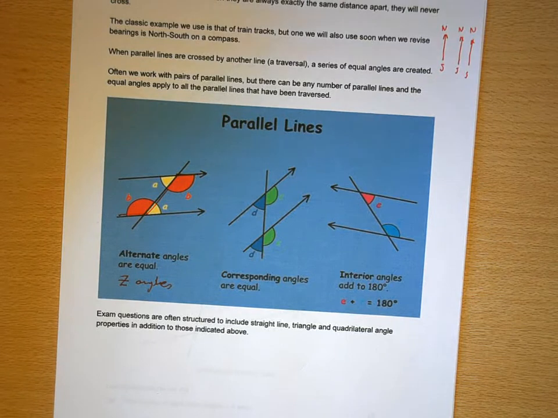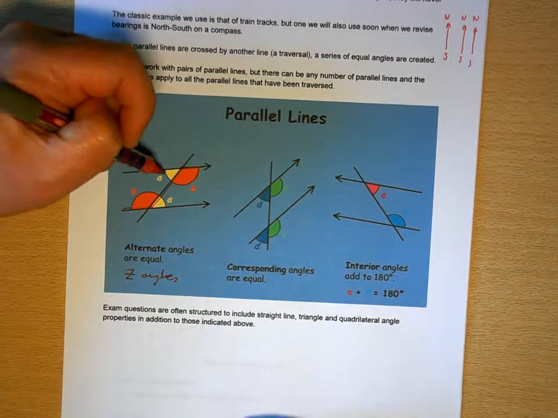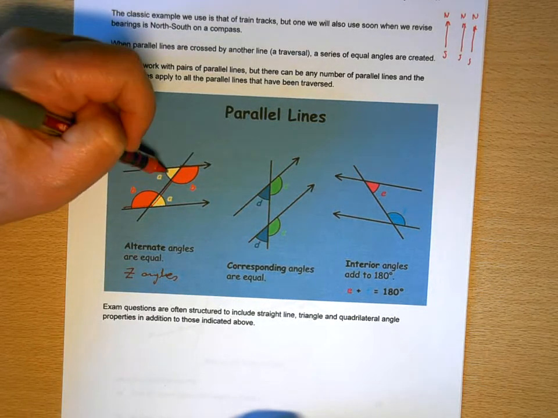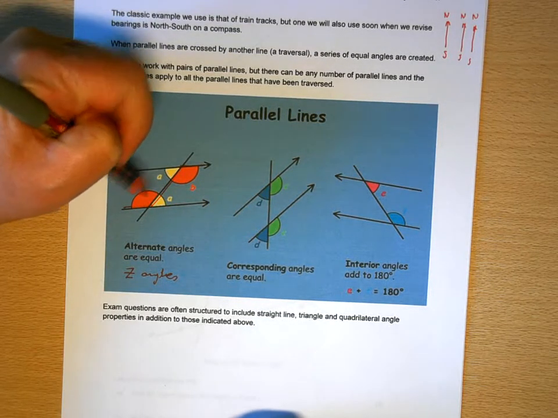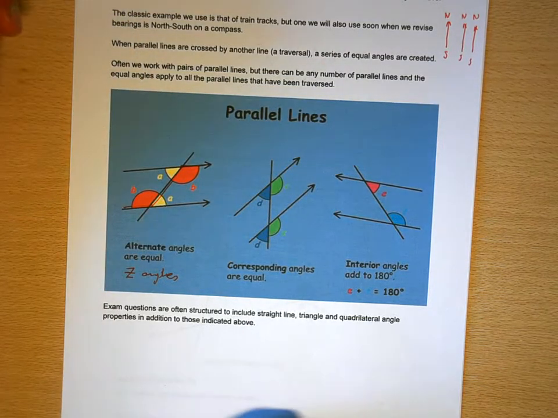And generally you can't measure these. Each question will say they aren't drawn to scale, but just by looking at them you should be able to see, well, that one's acute, that one's acute, so they must be the same. It's not ever going to be that one and that one must be the same, because clearly they're not. One's obtuse, one's acute. So those are the alternate angles.